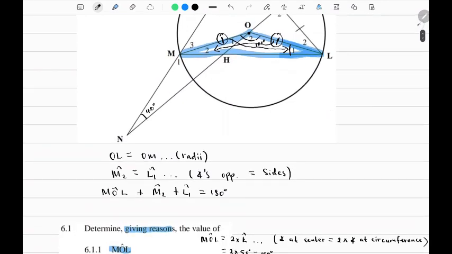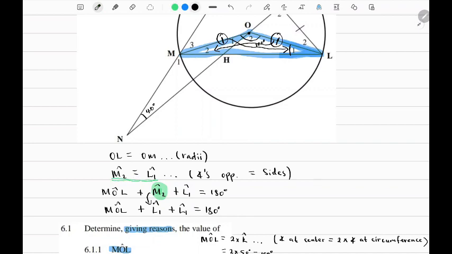I'm going to rewrite this equation as MOL plus L1 plus L1 is equal to 180 degrees. What I've done here is replace M2 with L1, because we saw earlier that M2 is equal to L1.